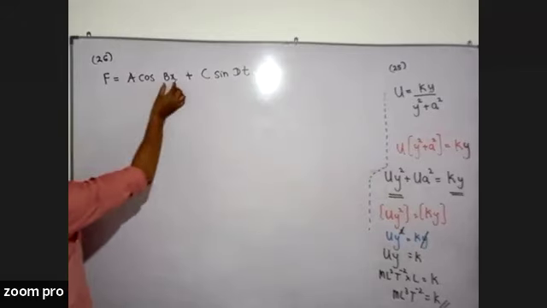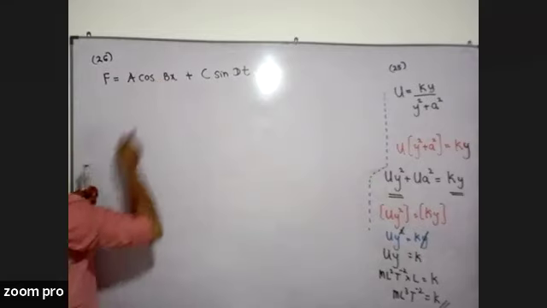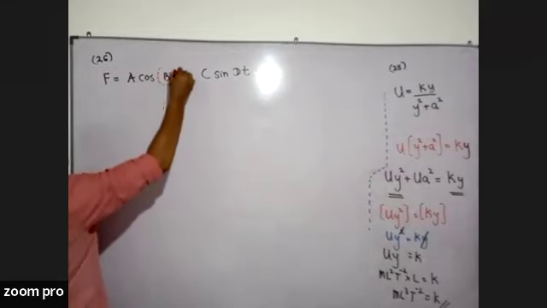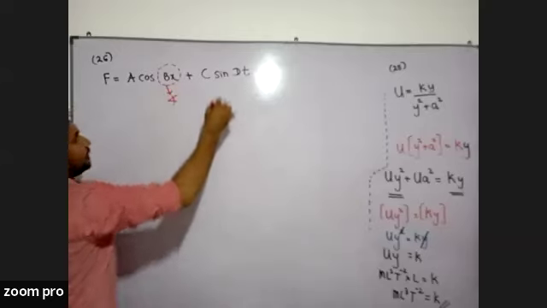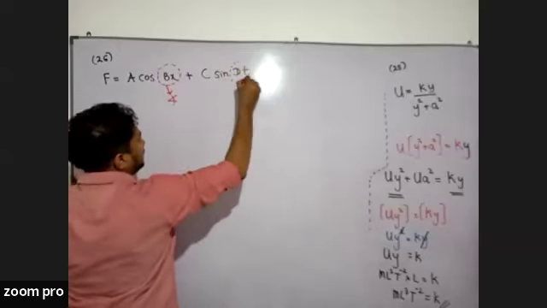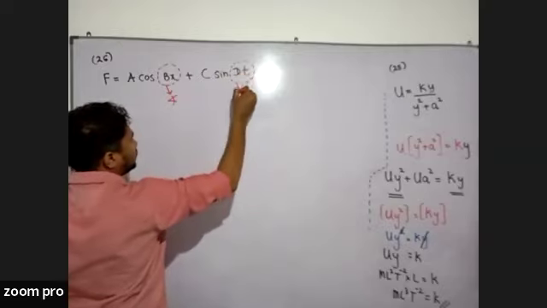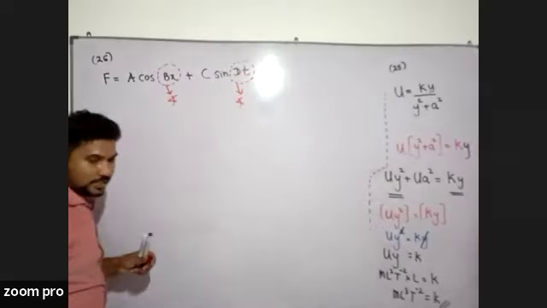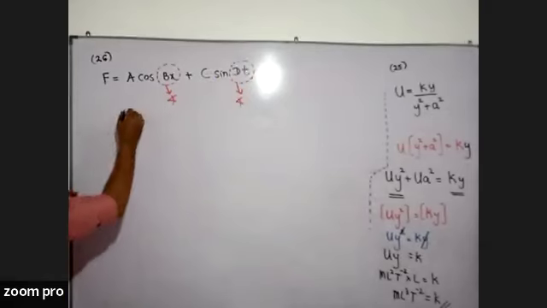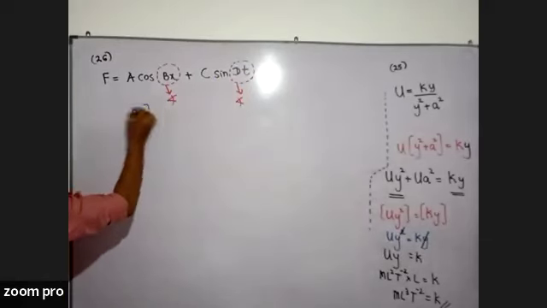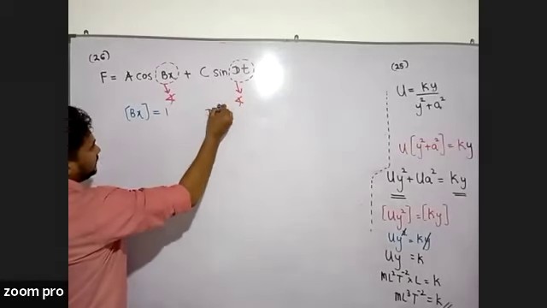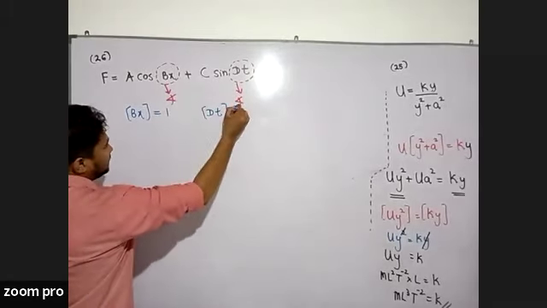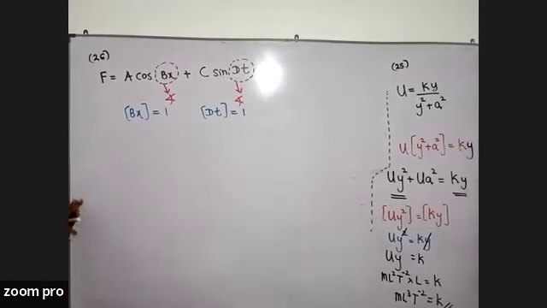So bx is behind the cos. That means, guys, this should represent an angle. This should be an angle, isn't it? And also the dt product should be considered as an angle. So the dimensions of bx is a dimensionless quantity, as well as dt, the product of dt, is a dimensionless quantity, right?